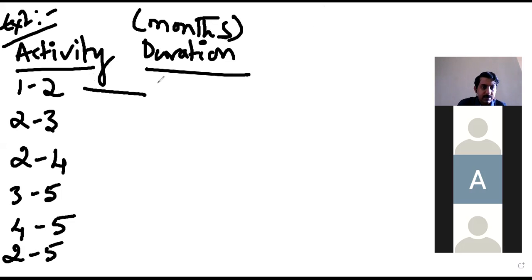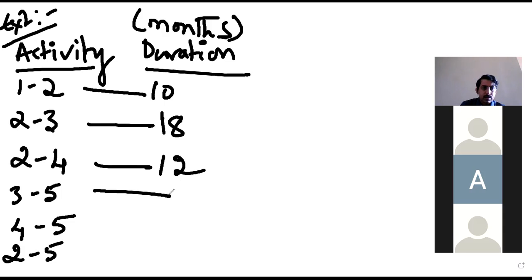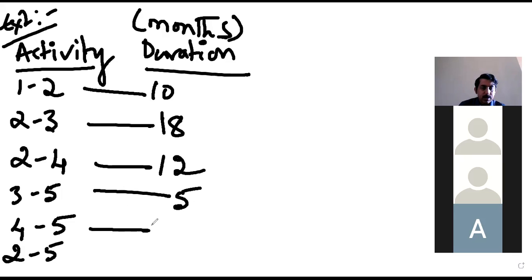So the first activity we will just consider it as 10, 18, 12, months, and 10, and finally, all right.